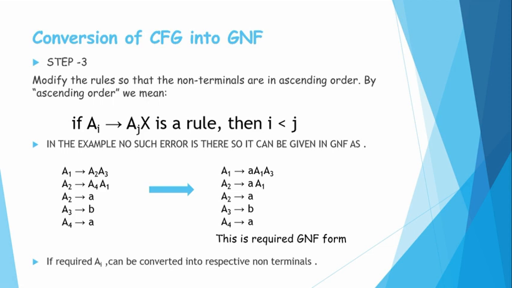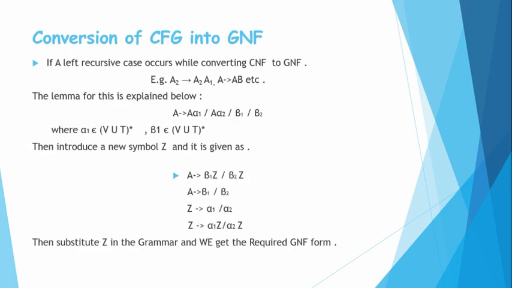Now we will understand one more case, the left recursive case, which occurs while converting CNF to GNF. It occurs when the variable on the left hand side of the production and the very first symbol on the right hand side are the same, like here it is A2 deriving A2.